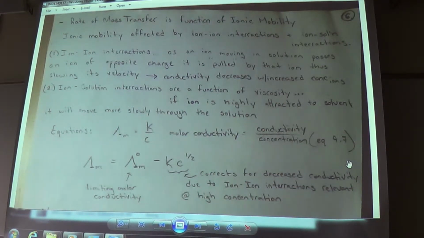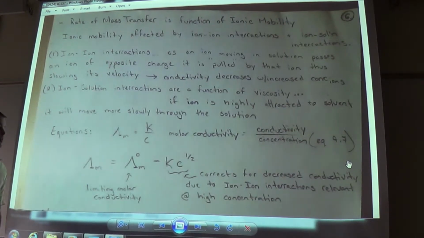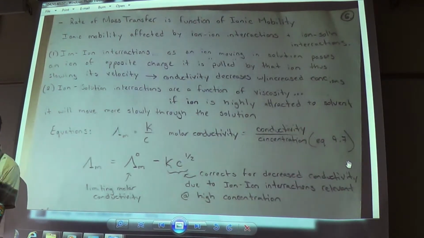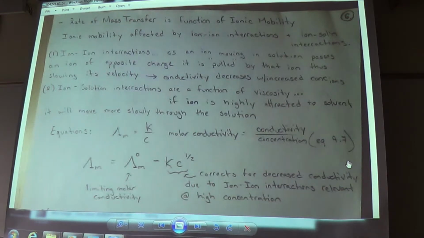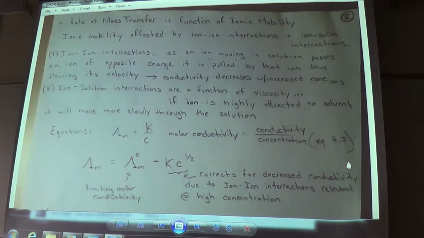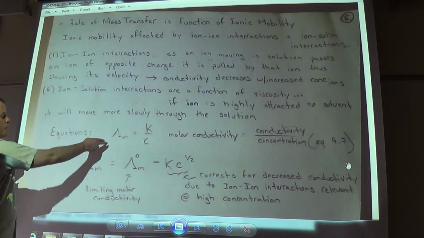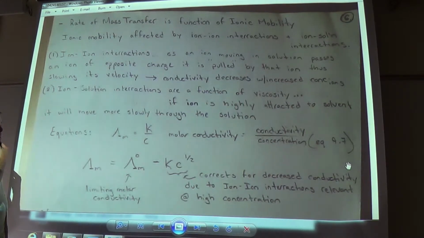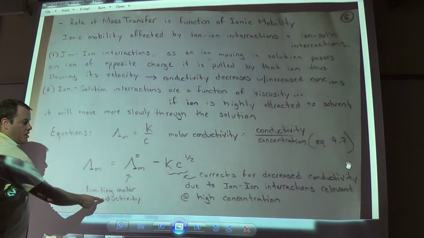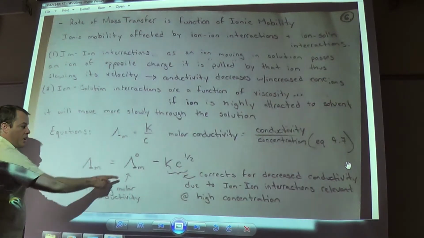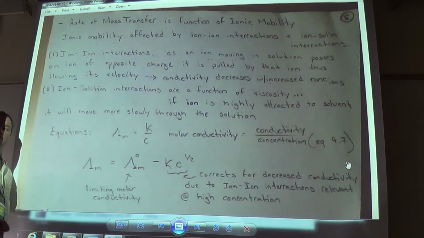We have a general equation for the conductivity. Again, conductivity is just a question of how quickly ions can move through that solution. Oh, it's also a question of how quickly the electrons can get popped off. We've got this term, molar conductivity. It has a limiting value, and it has a correction to that limiting value.